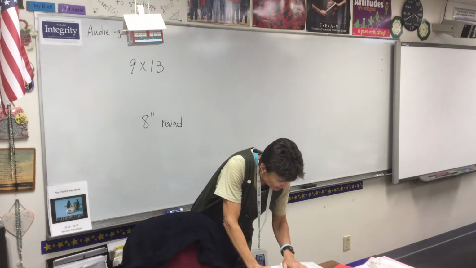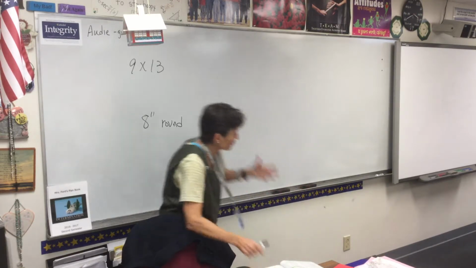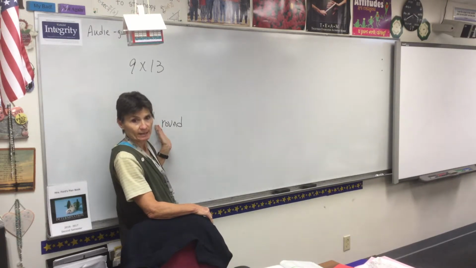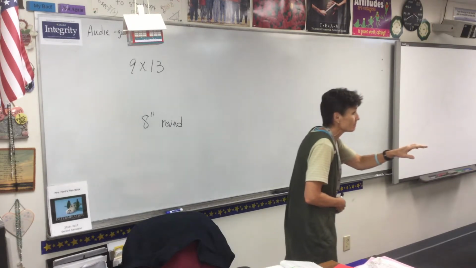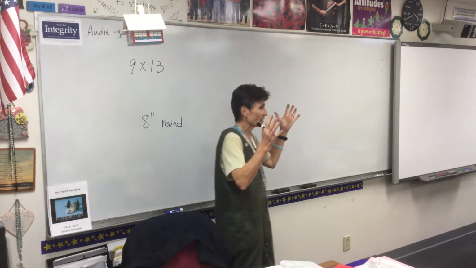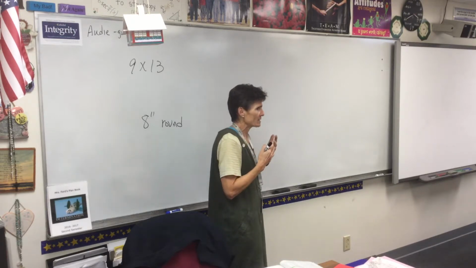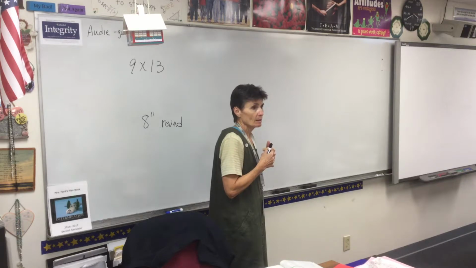So money isn't really the issue here, because you're going to pay, I don't know, $10 for that cake and $10 for that cake. So we just want to know which one's the biggest or the best deal. You want to find which one's bigger, right? Which means we'll want to find volume.